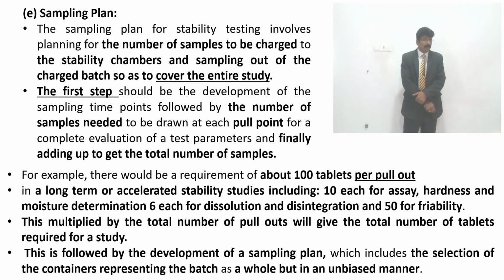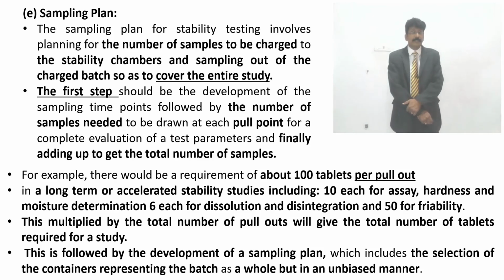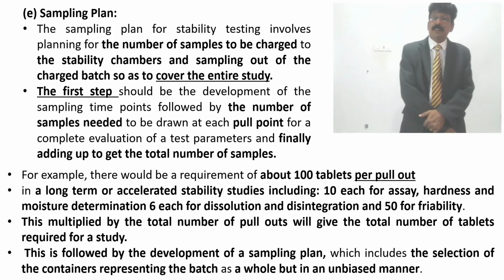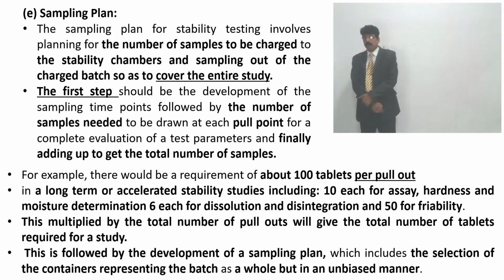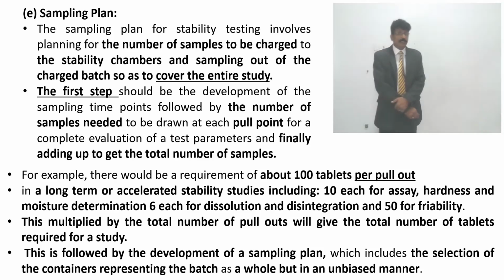Random, there should not be any bias. You should not take only from the last batch, or only from the bottom, or only from the top. So you have to take a random sampling and the number should be specified.